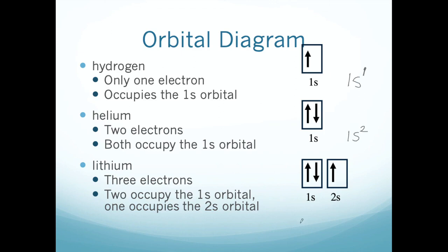We would write that as 1s2, because there's 2 electrons in that 1s orbital, and we'd write 2s1, because there's 1 electron that we represent with a superscript. Okay? And if you want to check your work, by the way, remember, the number of electrons, which should be these superscripts added up, or these number of arrows added up, should equal the number of electrons you're trying to represent.